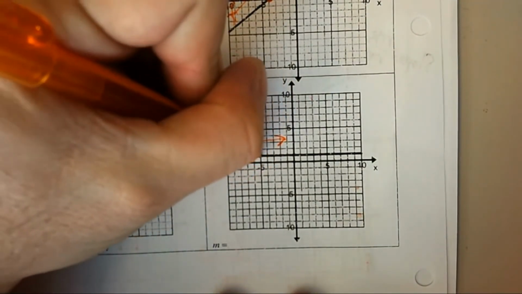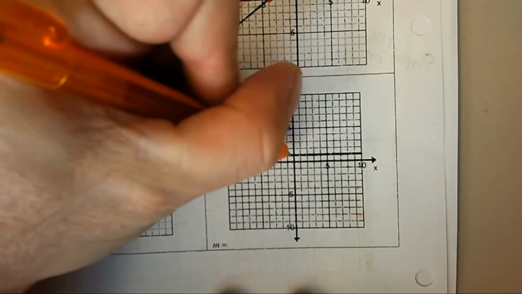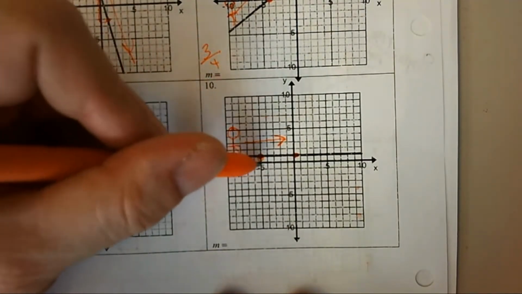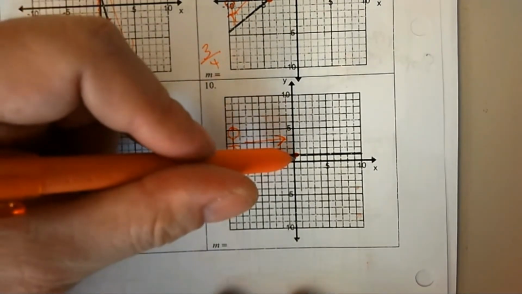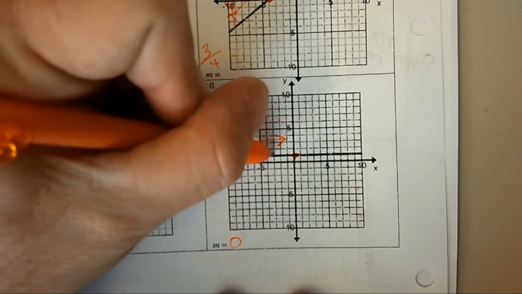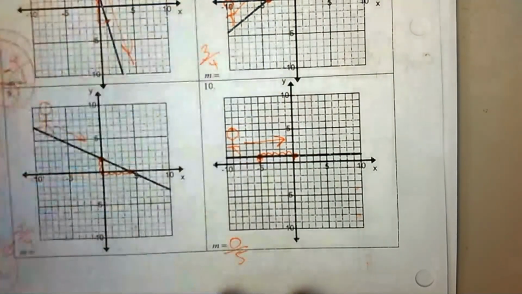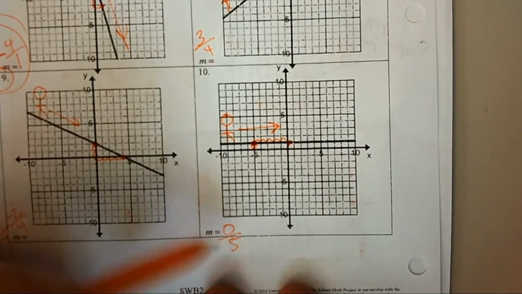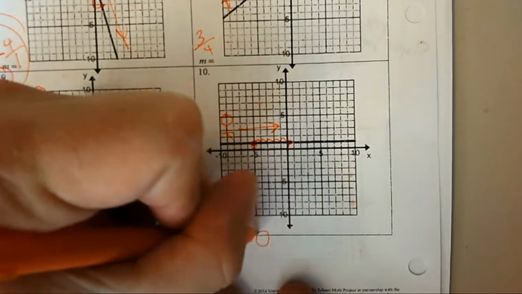Okay, and we can prove that mathematically. We can pick a couple points here. If I want to choose this one, goes through the corner, maybe this one here. Well, how much does he need to go up or down from this point to get to the level of this one? Well, that's 0. And then he runs 1, 2, 3, 4, 5. 0 over 5, you can do this problem. 0 divided by any number is going to be 0.